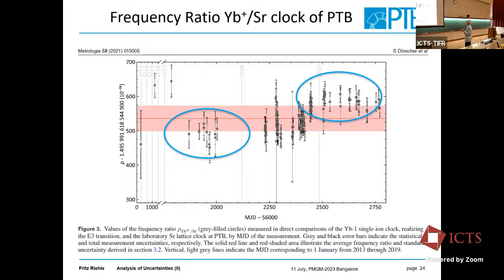You see, these are more than 600, 700 days, which means two years or so. Can you guarantee that nothing has changed in your laboratory over years? You do this uncertainty evaluation every time you do a measurement. But maybe somebody has overlooked something, or it could be the comparison.